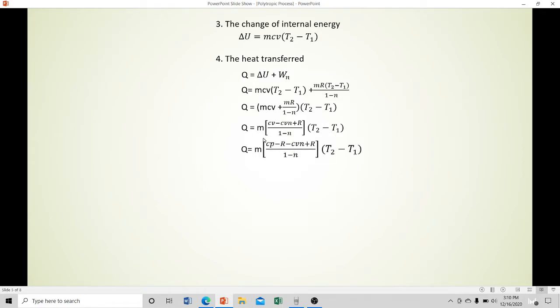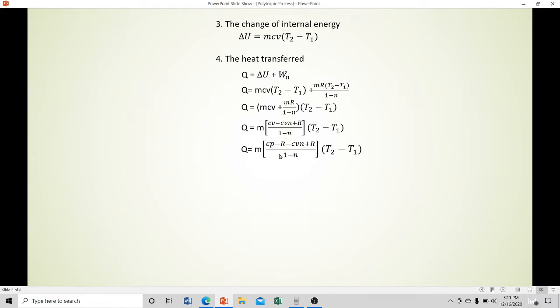So we know that Cv is equivalent to Cp minus R, or R is equal to Cp minus Cv. So we can rewrite it into the form Cp minus R minus Cv n plus R over 1 minus n.